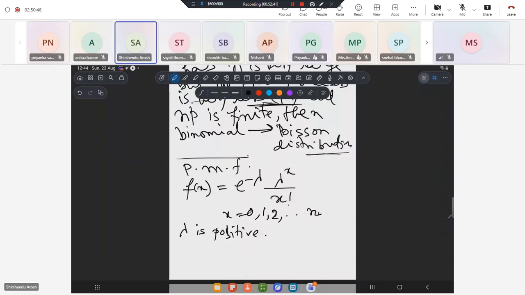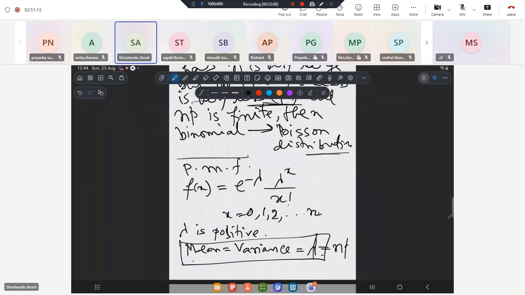And this is the e, of course, you know, the standard exponential. Lambda is a positive parameter, where the mean and the variance, both for this case, are lambda. Basically, the parameter itself is the mean and the variance, which is nothing but n into p, if you compare this to the binomial distribution.